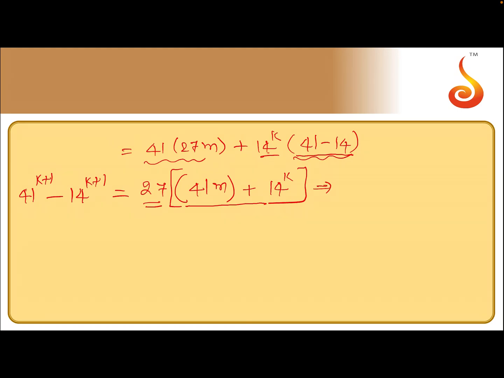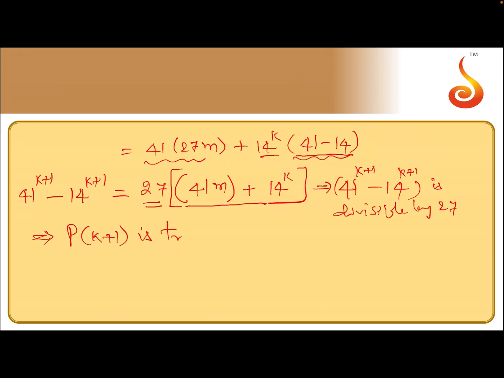That implies 41 to the power of k plus 1 minus 14 to the power of k plus 1 is divisible by 27, which implies the statement is true for k plus 1.